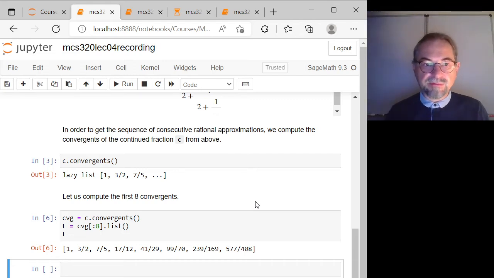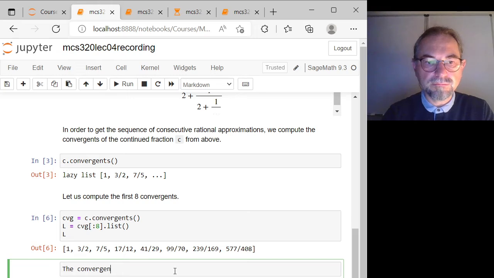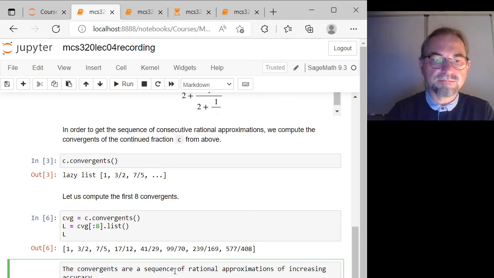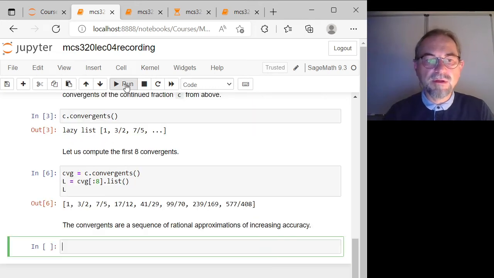Well, in a sequence, so let me document this. So the convergents are a sequence of rational approximations of increasing accuracy. Now, you don't need to believe me for that. Let me compute the relative error. So I first will compute the relative error for the last point, a number.